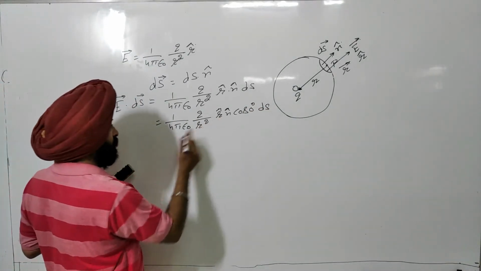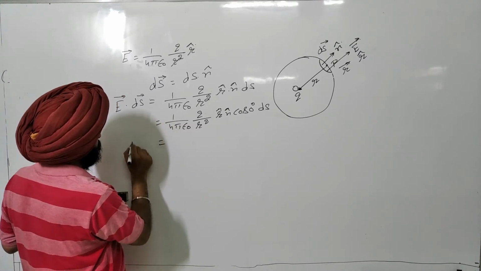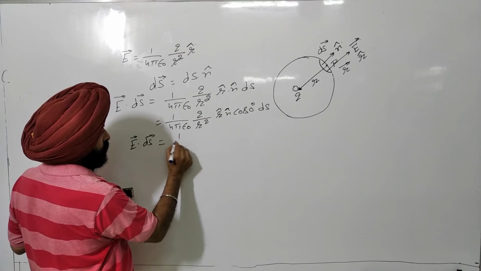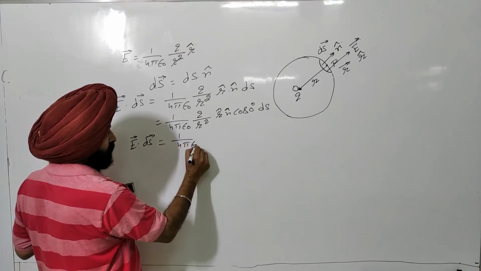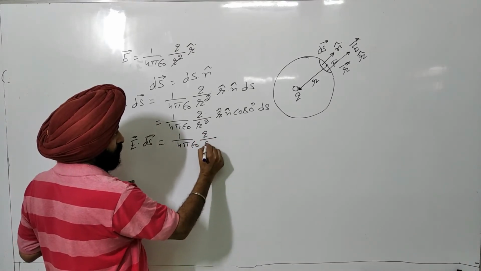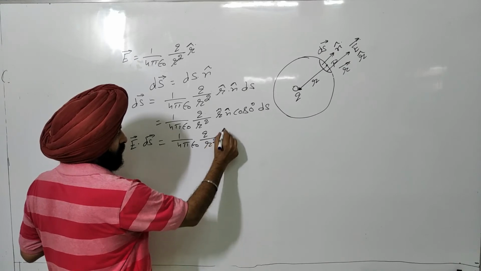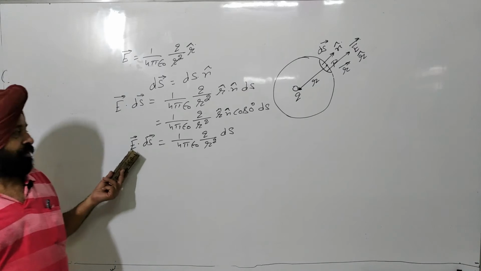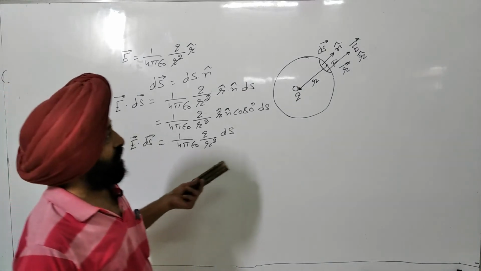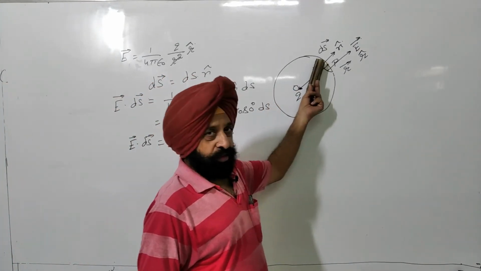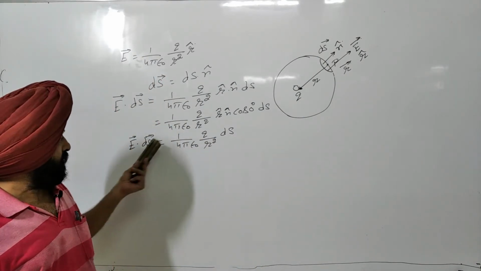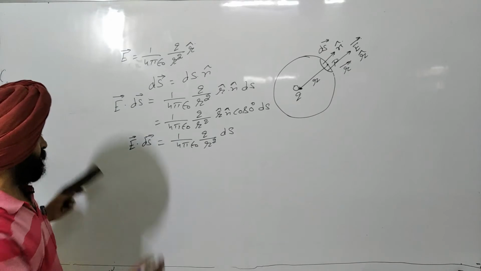So E dot dS becomes 1 over 4 pi epsilon 0, q upon r square into dS. This is the product of the electric field intensity through the element dS.